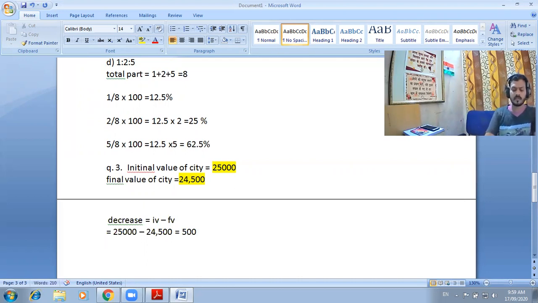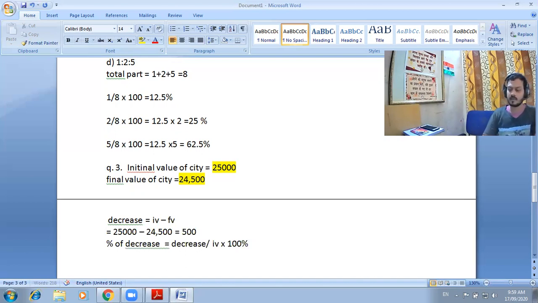So calculate the percentage of decrease. I have already explained the formula for percentage of decrease: decrease divided by initial value, into 100, and here the symbol for percentage.